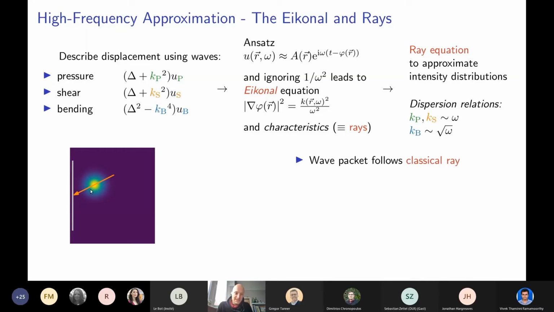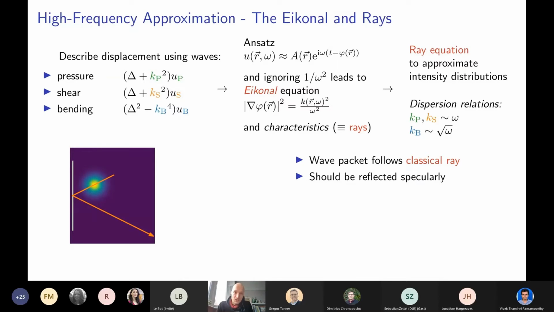As we can see, if we do this time evolution, this initial hump of vibrational energy does indeed follow a straight line, just as we would assume a classical ray would do. But if all I'm saying is true, then we would also assume that it would somehow interact with this wall and then be reflected in a specular manner.